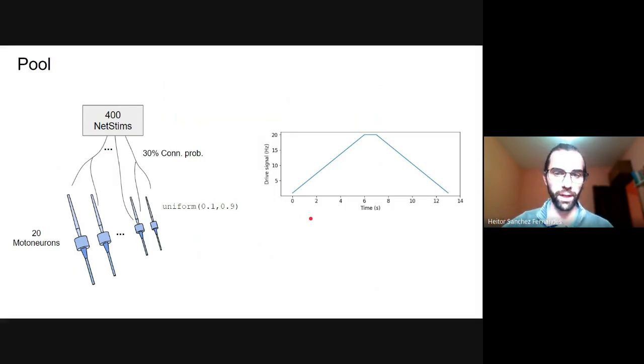Finally, in the last simulation, a different stimulation paradigm, I had 400 NetStims connected with 30% connectivity probability into a pool made of 20 motor neurons that had linearly varying parameters. I changed only soma diameter and length and the leakage conductance of the soma, so I can have some difference between the neurons.